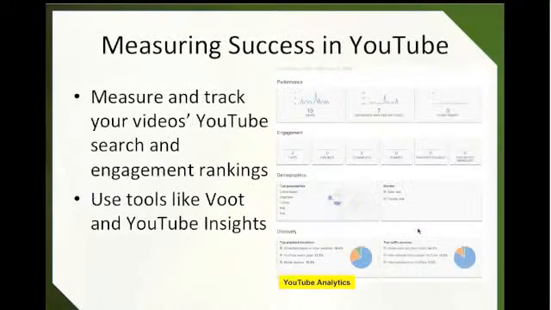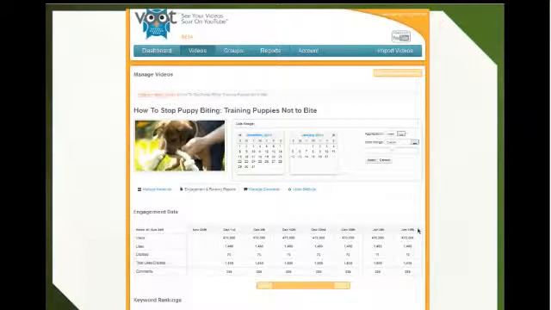And then also just measure your success using YouTube Analytics, using Voot, and Voot looks like this. This is giving you really great insight into not just number of views, but other YouTube engagement metrics like likes and dislikes, favoriting, comments, video replies, etc. And it tracks your YouTube search rankings too.